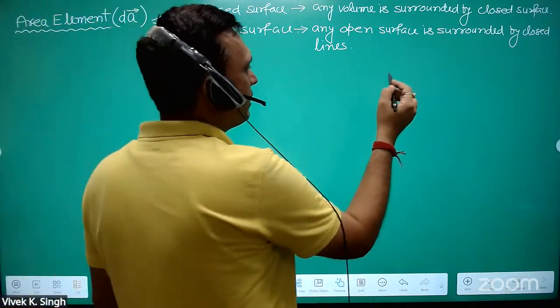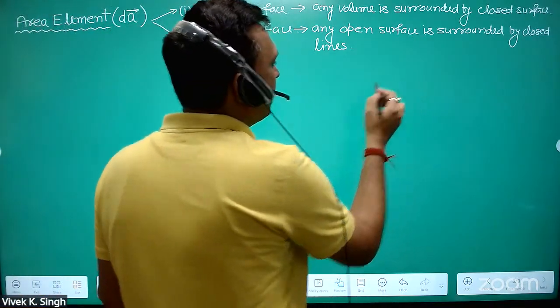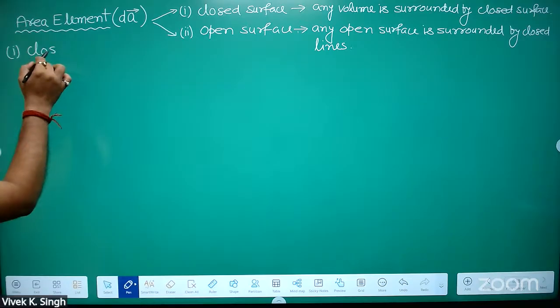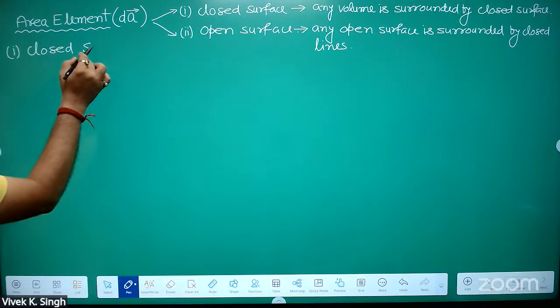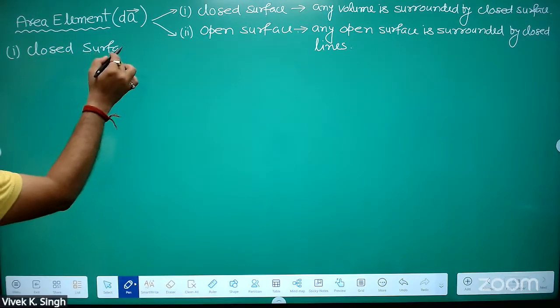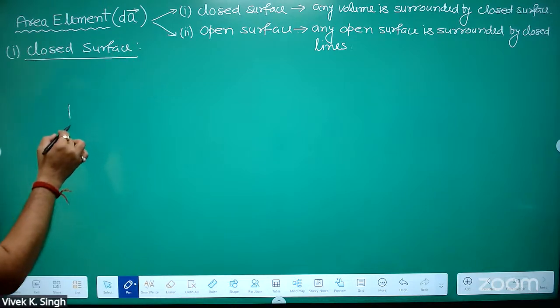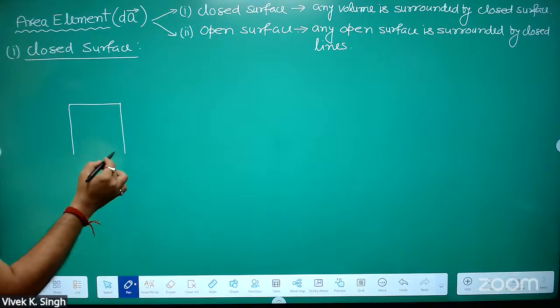Let's take the first example, a closed surface. Consider a cube of side A. It's a cubical volume.